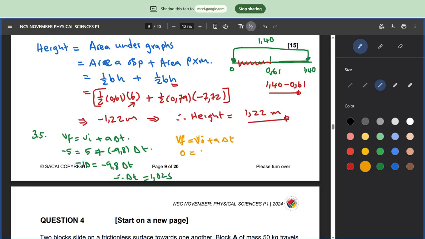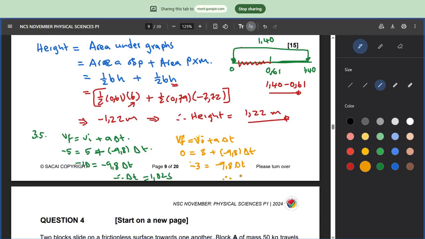So this will be 3 plus negative 9.8 delta T, which is what you are looking for. Bring the 3 this side to be negative. So this will be minus 3. Minus 3 is equal to negative 9.8 delta T.